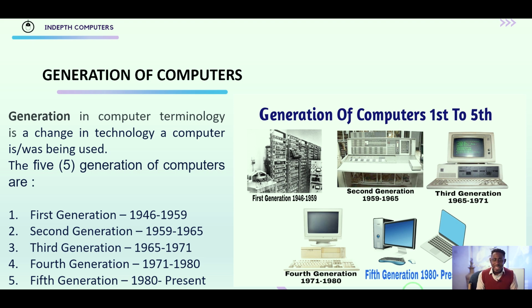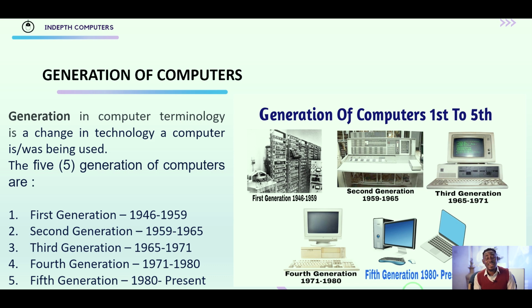Now, it is from the fourth generation that they start creating computers that look like what we are currently using, like the keyboard, the monitor, the mouse. It is from the fourth generation that we start creating such computers. And the idea of this advancement is so that everybody can be able to afford a computer system.